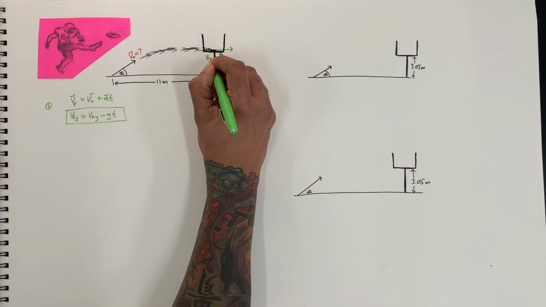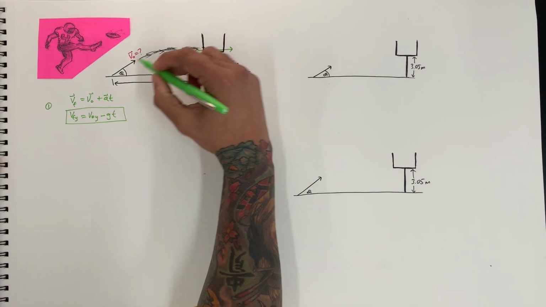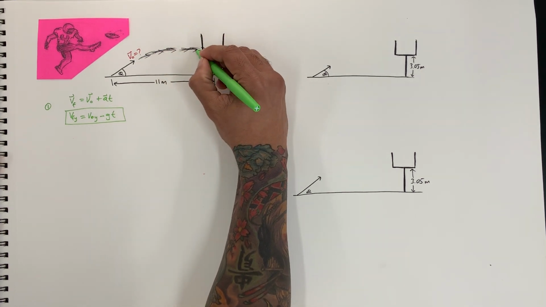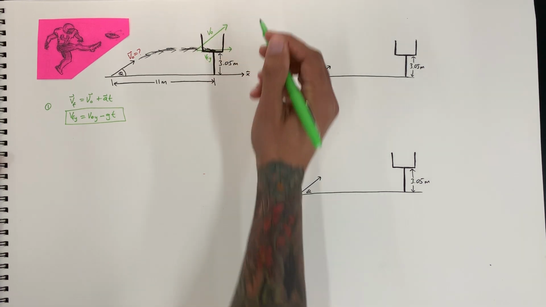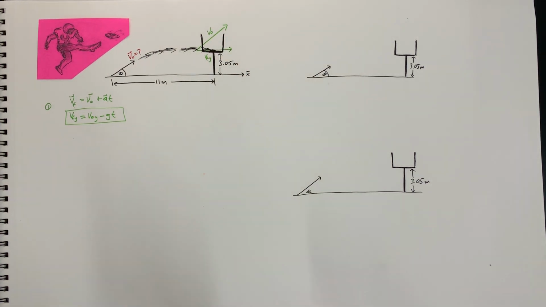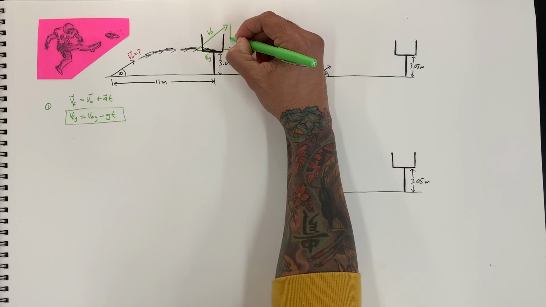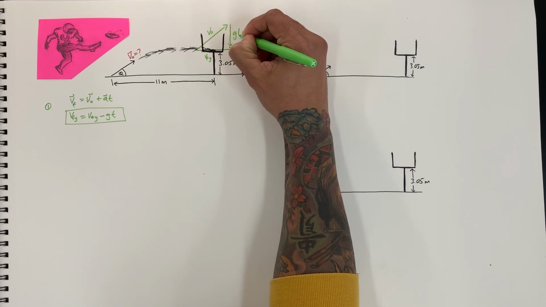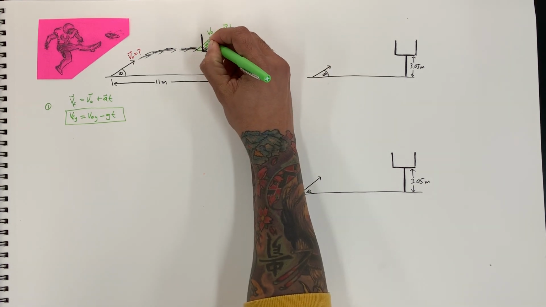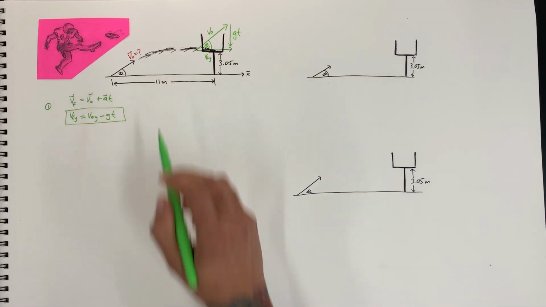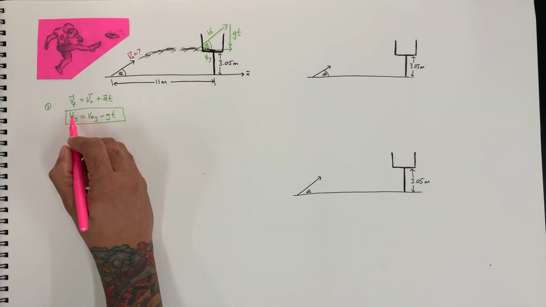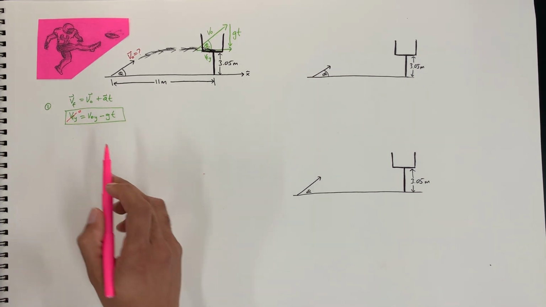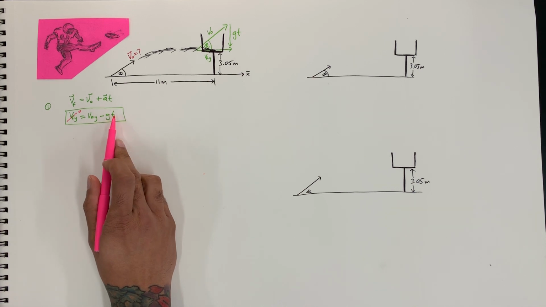Okay, so that's V final in the Y, and the angle here is going to be the same thing as this angle here, which is V initial, right? And then coming down here is gravity times time. So this is the same angle here as this one in here. This is our vector triangle. Okay, so setting this equal to 0 allows us to solve for time.